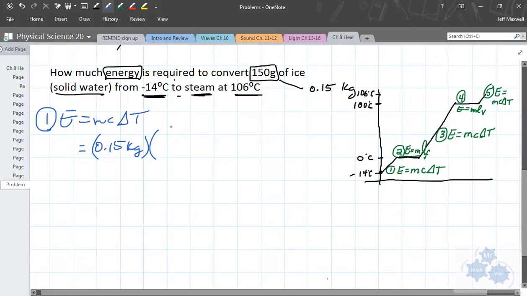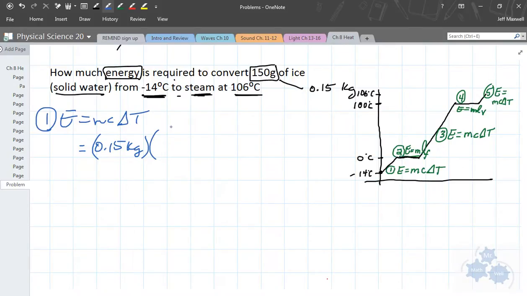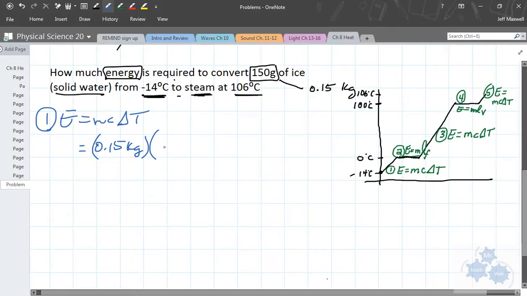Have that page on speed dial. So water, ice, specific heat, 2.1 times 10 to the 3. And that's going to be joules per kilogram times degrees Celsius. You really don't have to do the units, but I'm just going to do them to make sure that you see everything's going to line up.